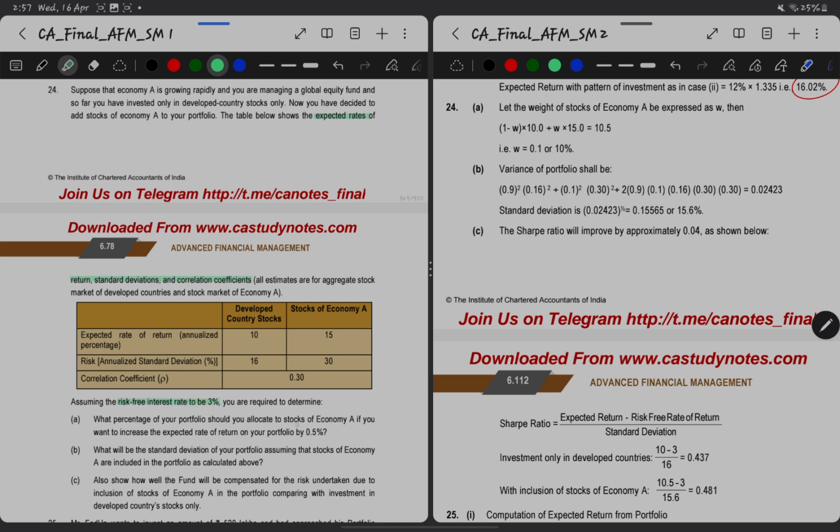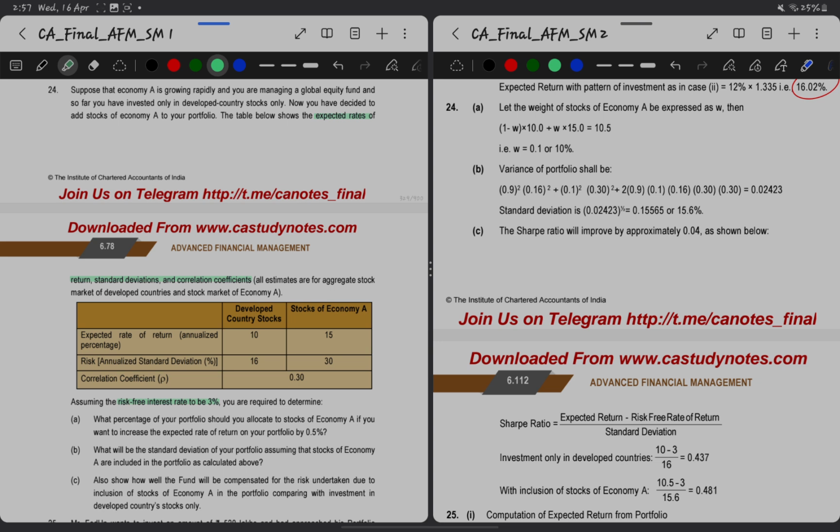Now we are required to determine what percentage of your portfolio you should allocate to stocks of economy A if you want to increase the expected rate of return on your portfolio by 0.5. Generally, to find the expected return of a portfolio, we use the weighted average method.